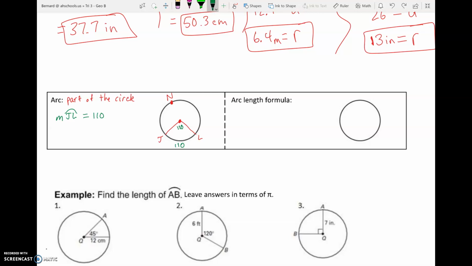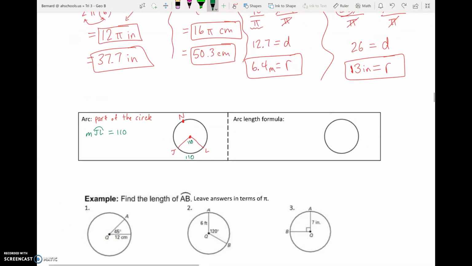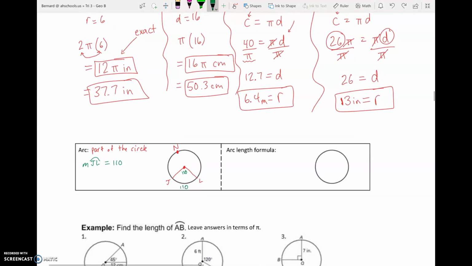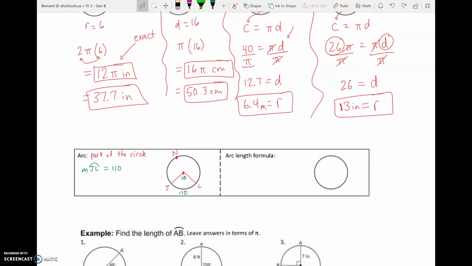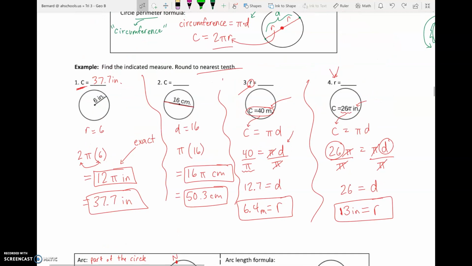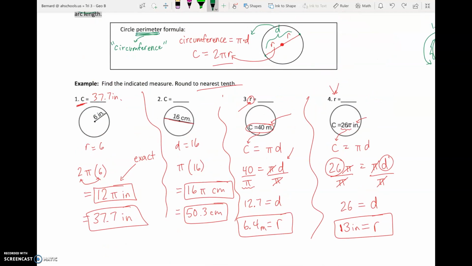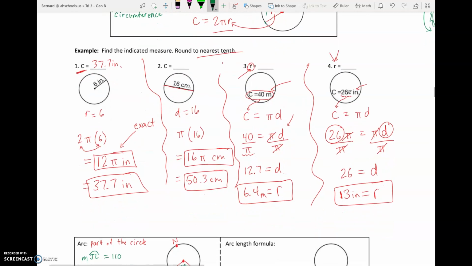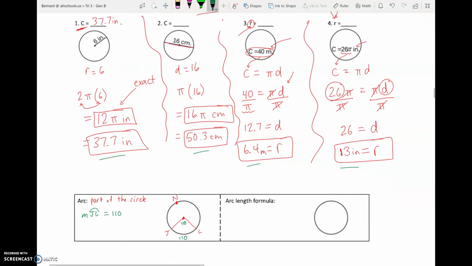Now we're getting close to the discussion about how even though we can talk about the degree measures of different arcs or the whole circles being 360, when we find length, like we did up here, perimeter, right, of the circle, we called that circumference. When we actually find the length of the circle, we get different numbers than the degree measures or 360, right? This length was 37.7, this one 50.3, this radius 6.4, this one 13.